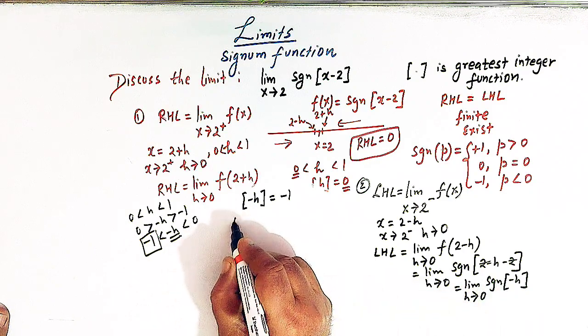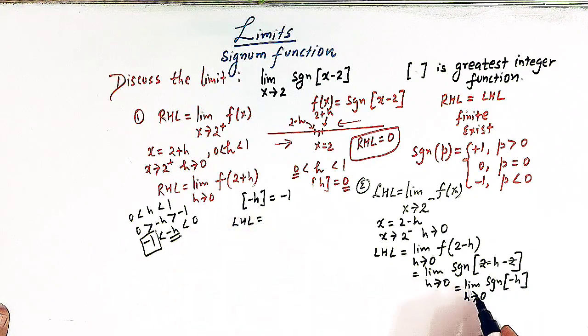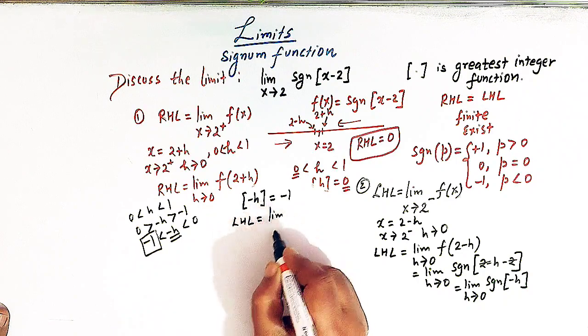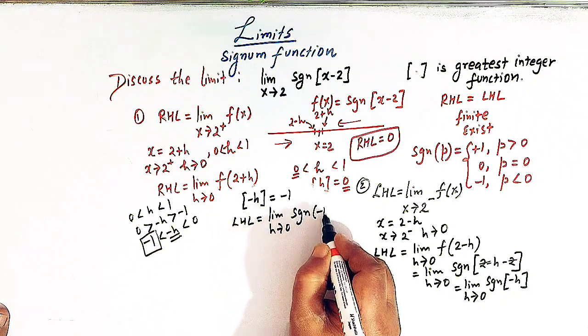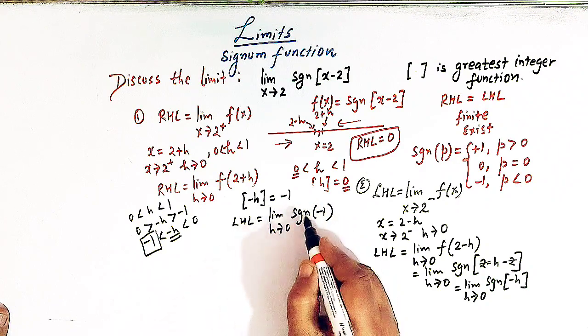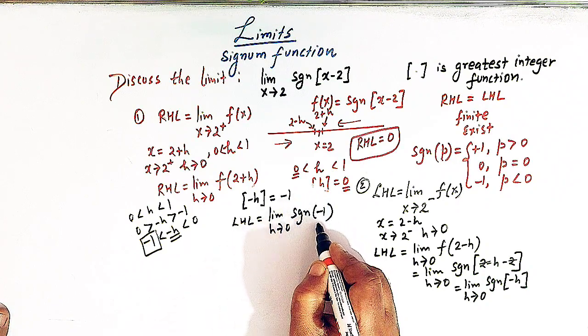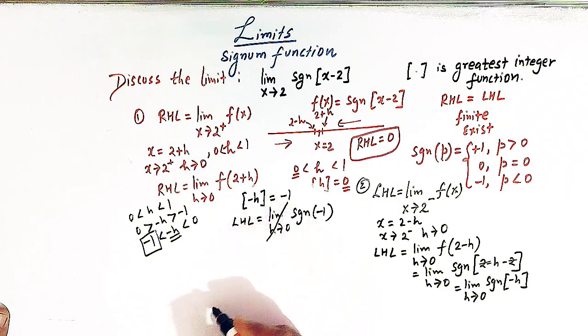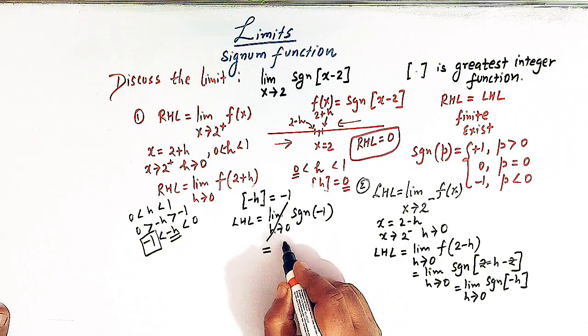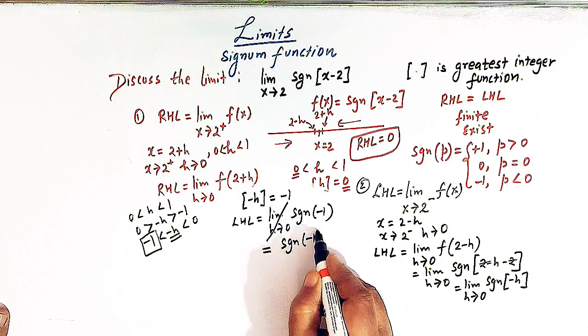Right? So now the left hand limit is given by limit h tends to 0, we have signum of minus 1. Right? Now since this term is independent of h, we can now remove this limit notation. So we have simply signum of minus 1.